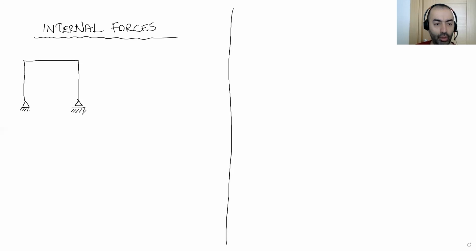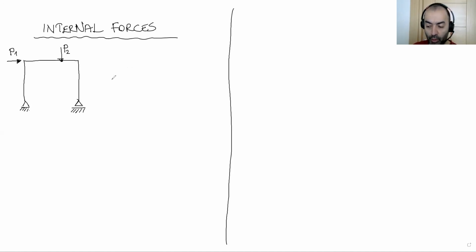The support types. On this structural system, we have a few loads. For example, we have a lateral force like this at the top left corner, P1. Let's say there is one more load here, P2 at this point.